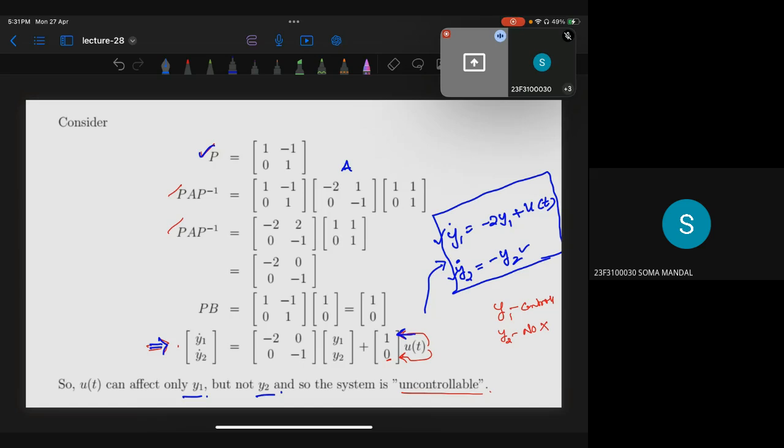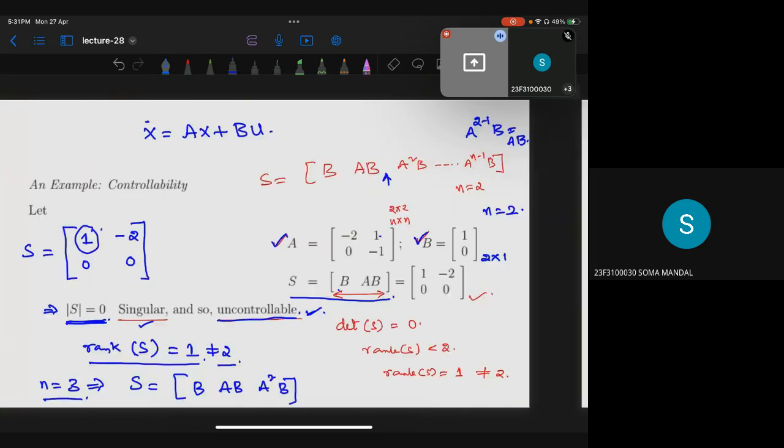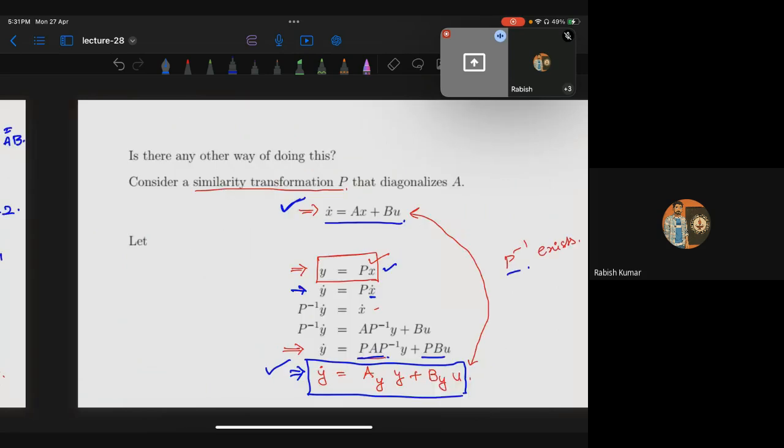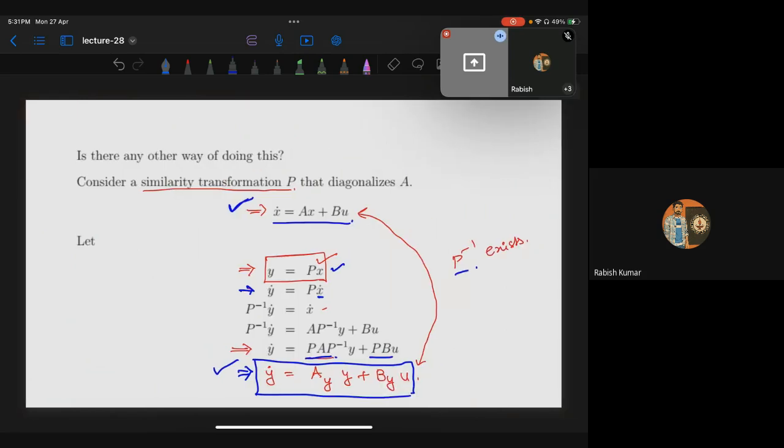This is how you can see it physically. That's the same thing we are proving by finding the rank of this. Is it clear? Yes, sir. So that is about controllability. Whenever we want to do state feedback, checking controllability is a must.